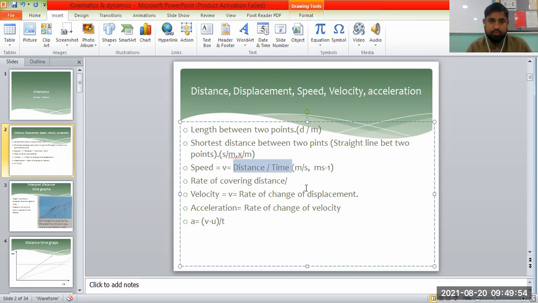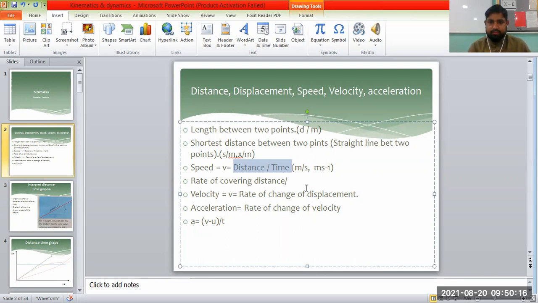When you say rate of something, that is automatically per unit time. Rate of covering distance, rate of covering displacement. When you're saying rate of something, it means that quantity upon time.